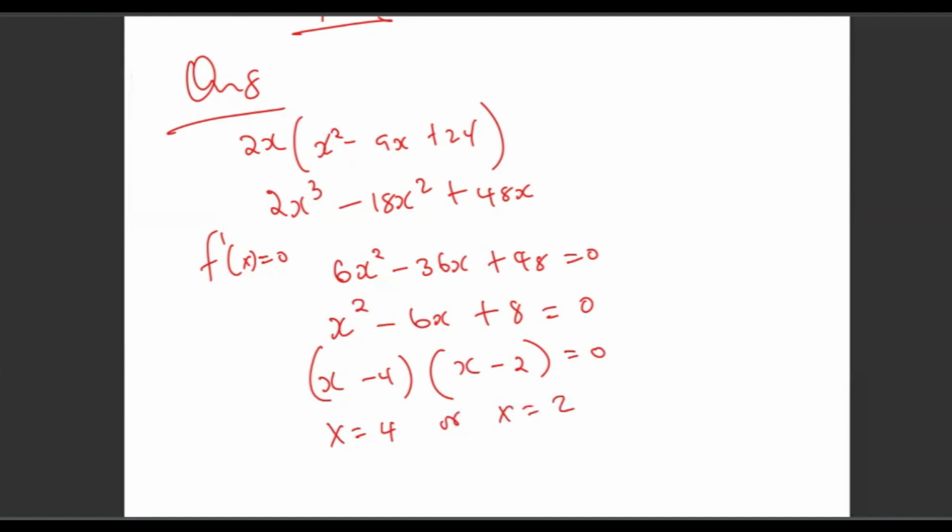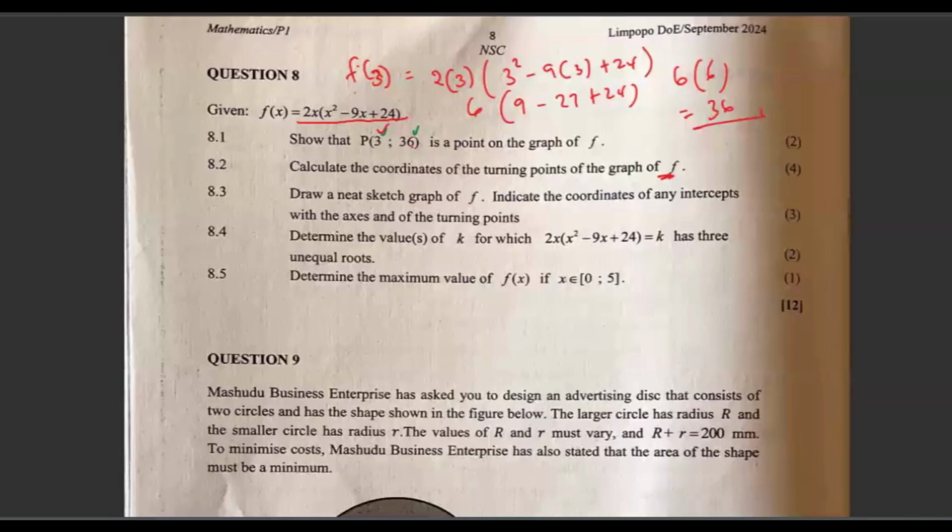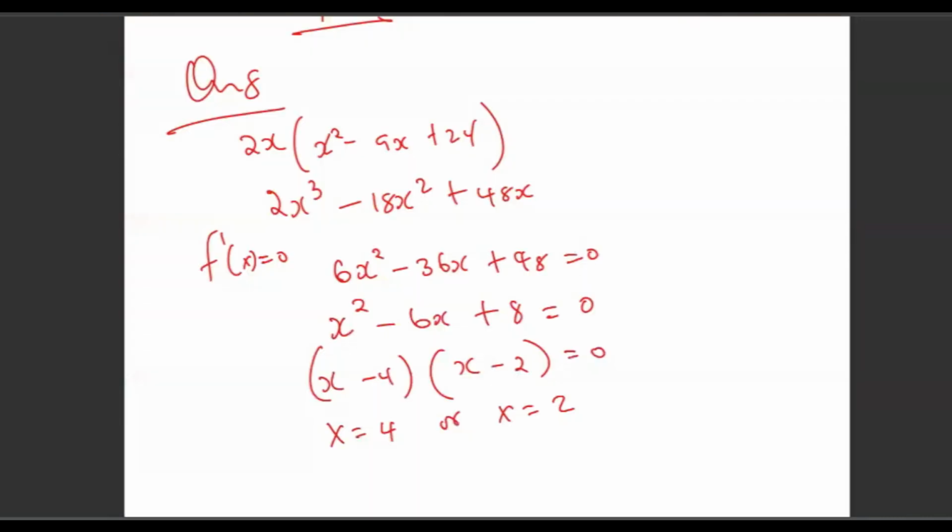But remember, these are just x coordinates. We also need the y coordinates. All right, so with the y coordinates, we just substitute x with 4. That's going to be 64 times 2, that's 128. That is 16 times 18, that's a big number. Let me use my calculator straight away.